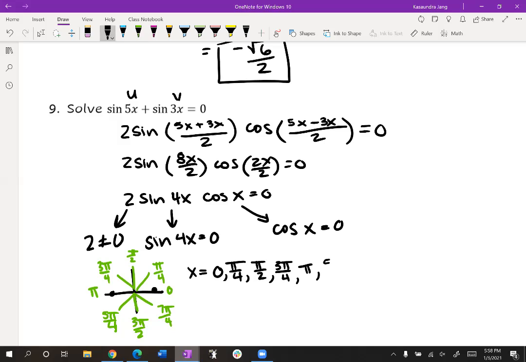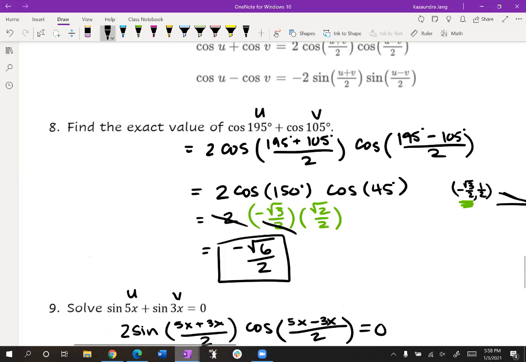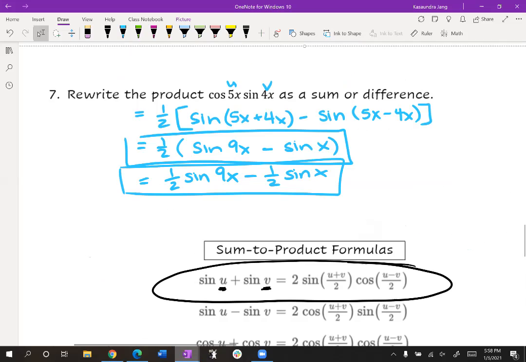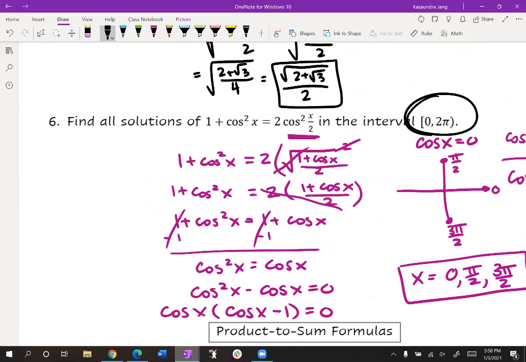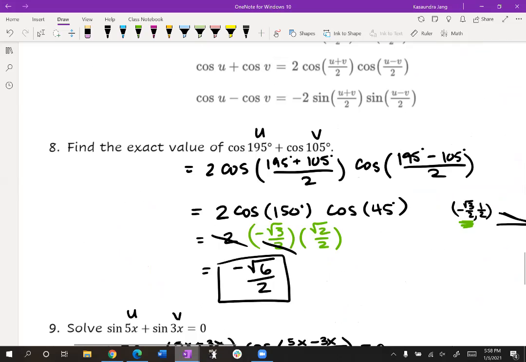Pi, 5 pi fourths, 3 pi halves, and 7 pi fourths. Now, if they told me a specific interval, like they've done up here, where they said from 0 to 2 pi, if you know you only want one rotation, then great.